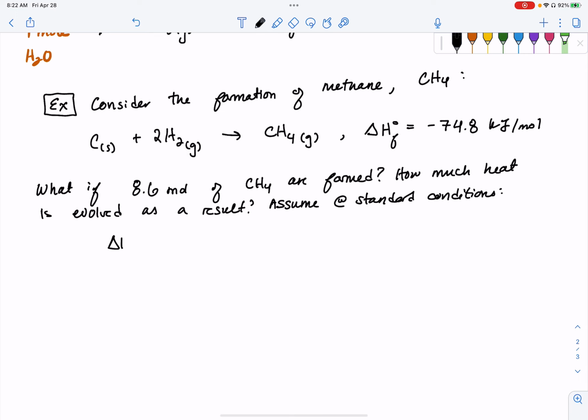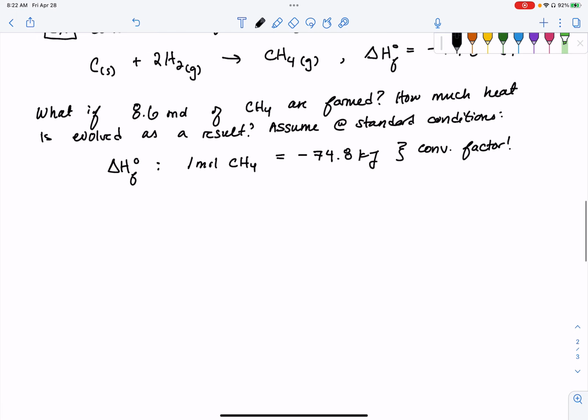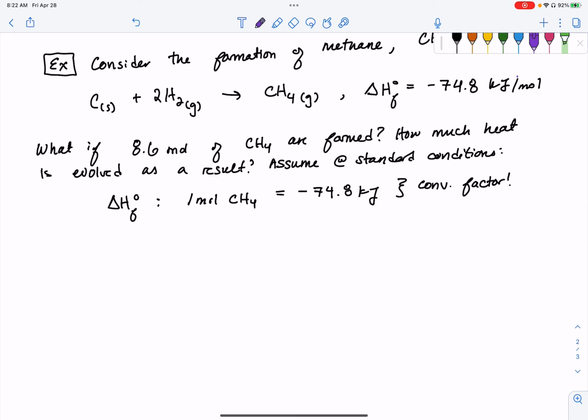Our standard heat of formation says that in order to form 1 mole of methane at standard temperature and pressure, that is going to release 74.8 kilojoules of heat. So this now becomes a conversion factor. And again, this comes from just the language of per, right? Kilojoule per mole. This is what allows us to use it as a conversion factor.